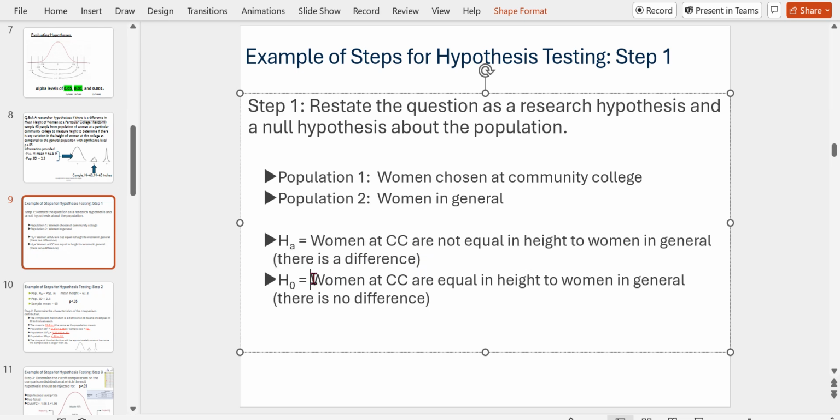The null hypothesis, I always write first because it's the easiest. No difference. Women at a community college are equal in height to women in general. Alternative hypothesis: women at a community college are not equal in height to women in general. Okay? Good.